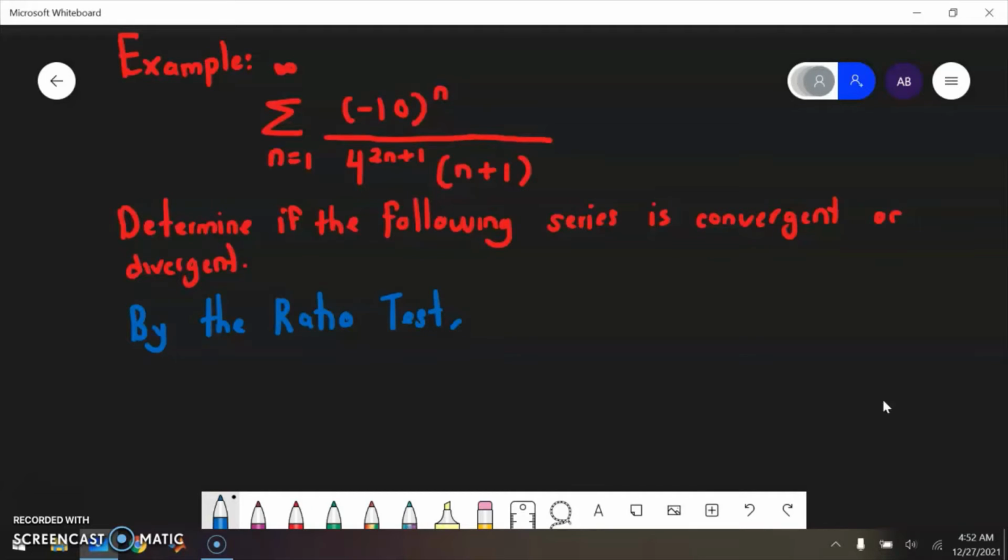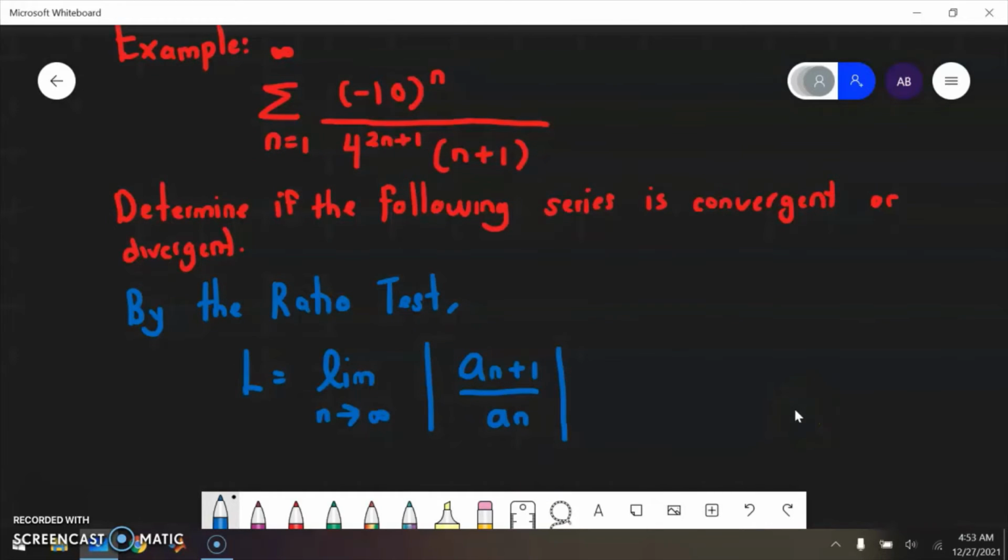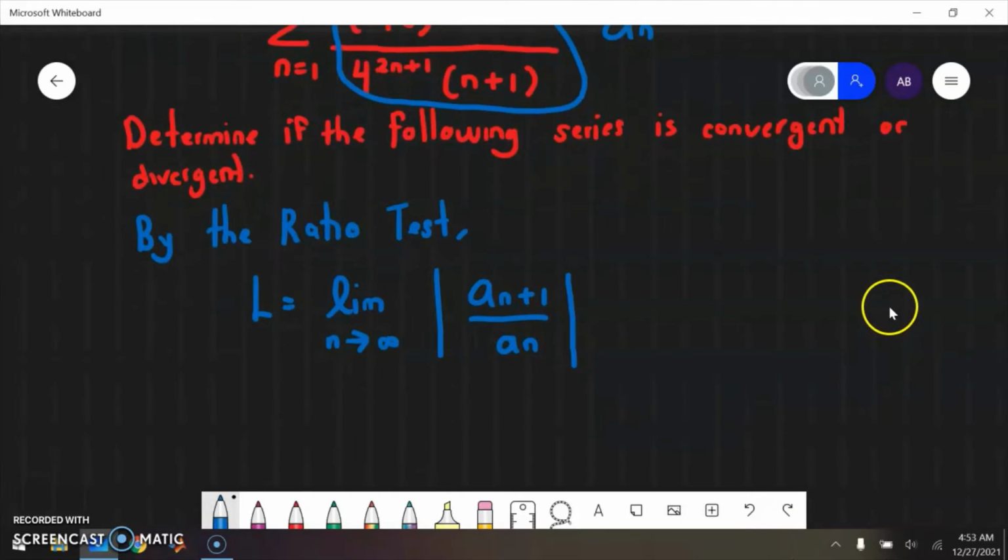Back to the ratio test. We have L equals the limit as n approaches infinity of the absolute value of a_(n+1) over a_n. This is a_n. Now what is a_(n+1)? Let's write it.